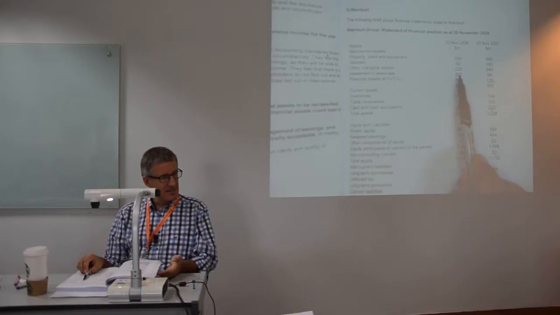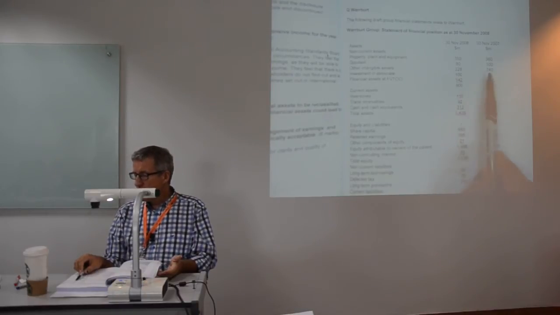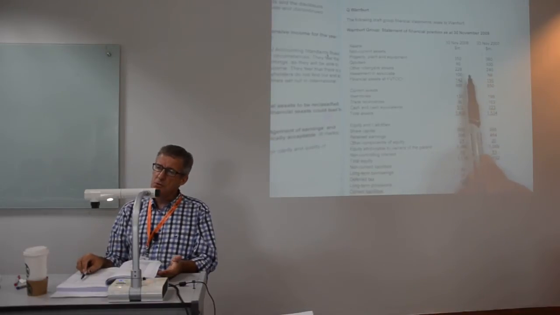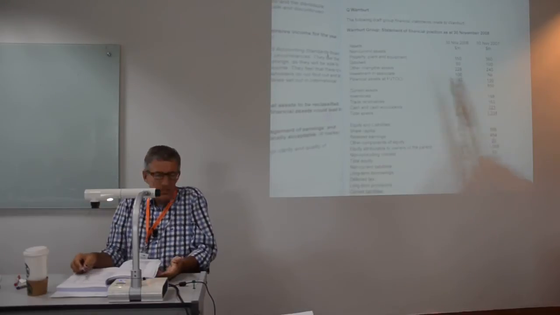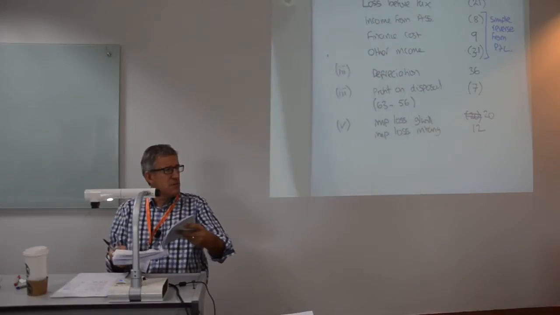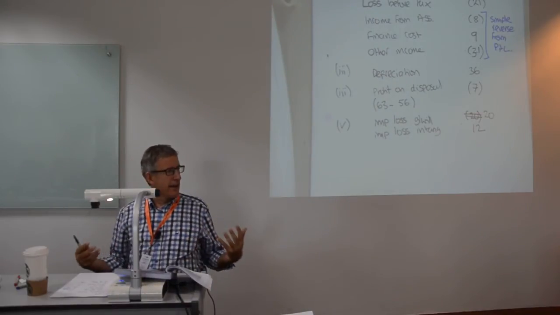Does that make sense? If the intangible asset at the year end had been 229, the 240, writing off 12 will give you 228. Or why is it 229? You must have spent 1. Yeah? So, but it's not there. I mean, I'm talking about things which just are not there. But sometimes that's what you do in exams. You're sort of making sure that you're not missing a trick.